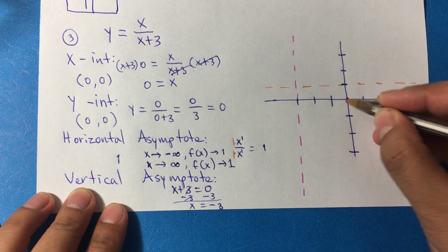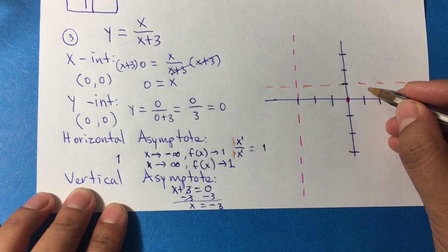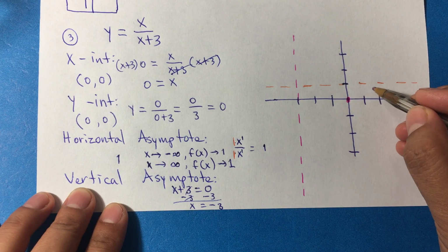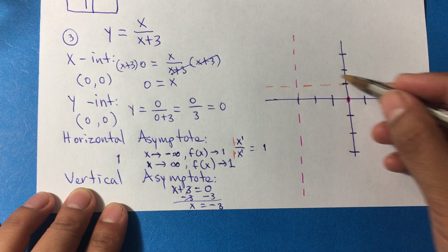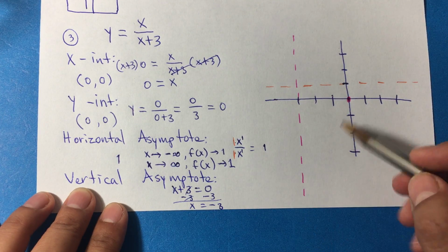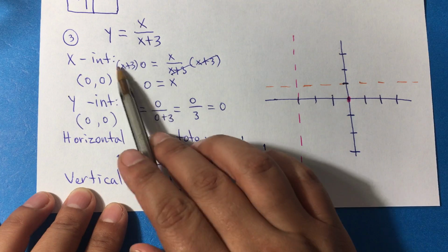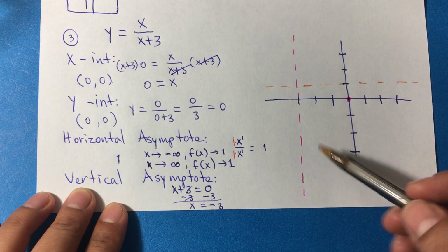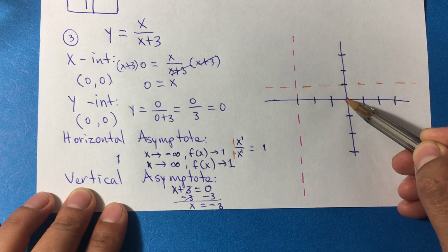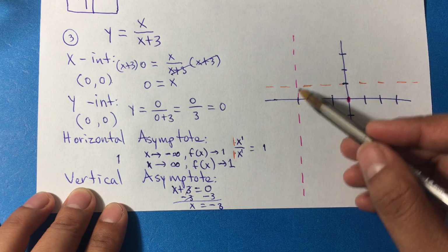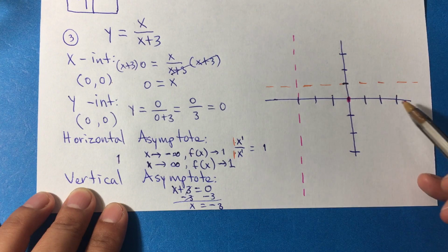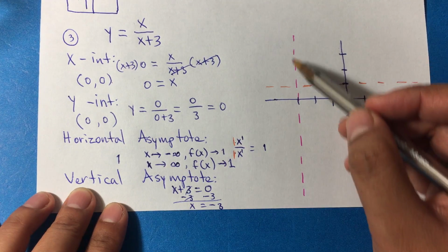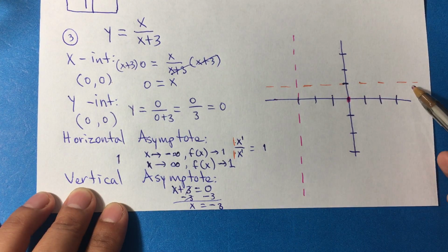And that kind of guides us, okay, so if that's the case and we know that it's approaching 1, then that means that it's not going to be like this and like this, but rather on this side. These are the ones that guide us, okay, since it goes through here, it has to be in this new quadrant, per se, of the two asymptotes, the vertical asymptote and the horizontal asymptote.